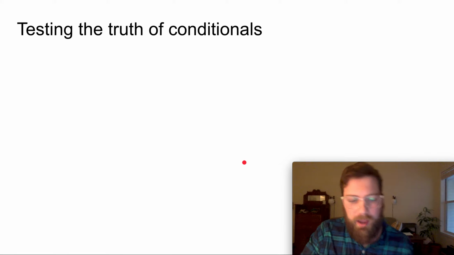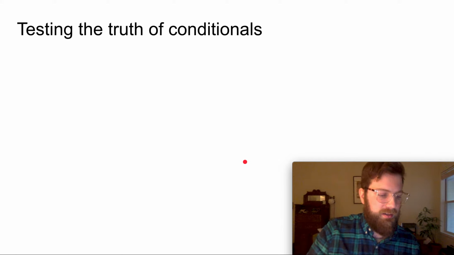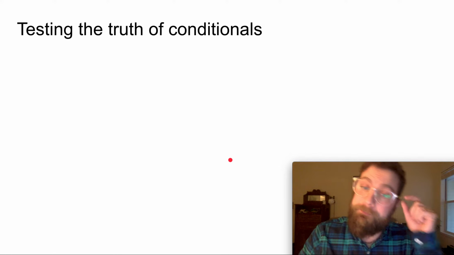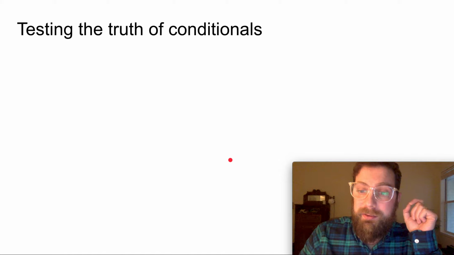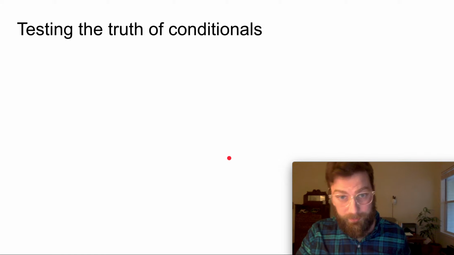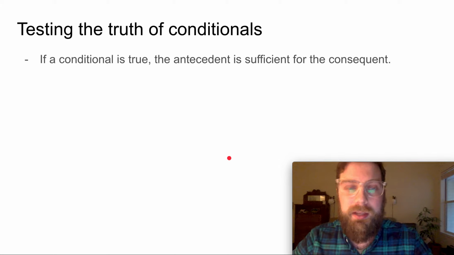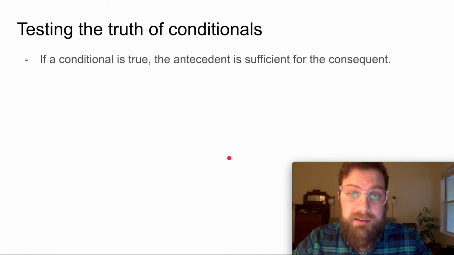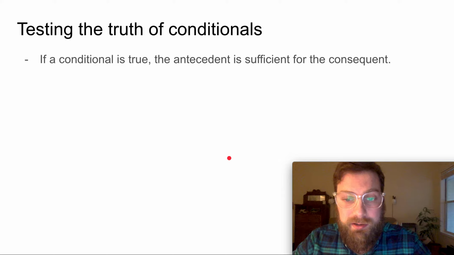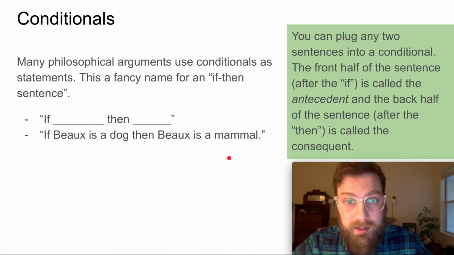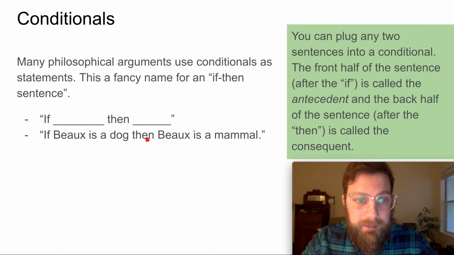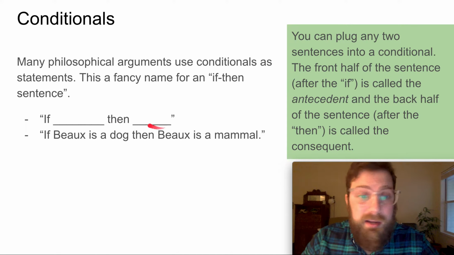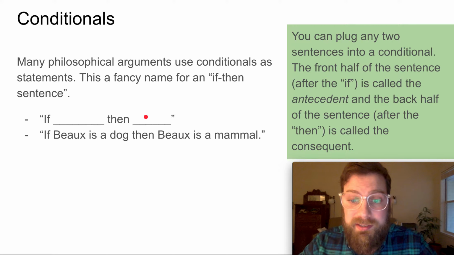So how do we figure out whether a conditional is true or not? Well, this actually connects closely to our ideas of necessary and sufficient conditions from earlier. Because if a conditional sentence is true, the antecedent is sufficient for the consequent, right? We could plug any number of sentences into each half of the sentence.